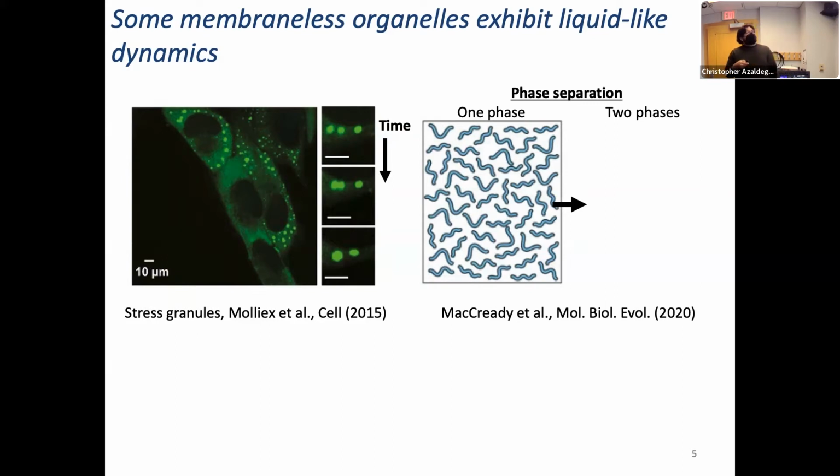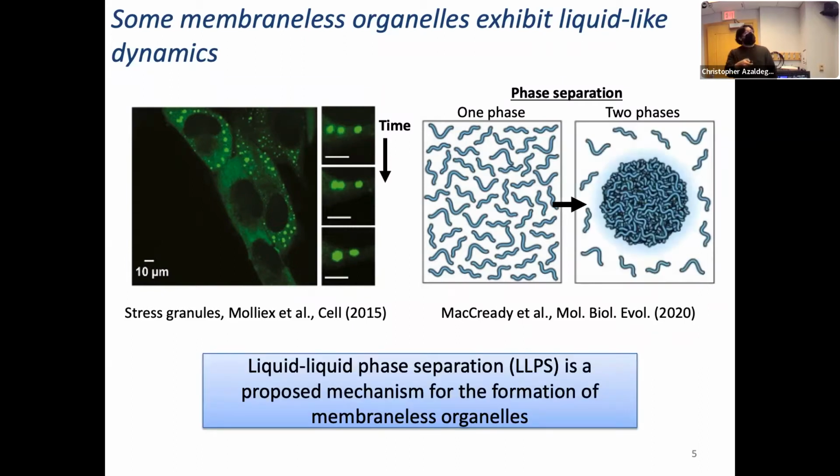As a response to some changing condition or a concentration change, the solution can be demixed into two phases of the same components, one being a highly enriched dense phase, as well as a dilute phase around the organelle or the condensate, as they're termed. So liquid-liquid phase separation, or LLPS, is a proposed mechanism for the formation of membraneless organelles.